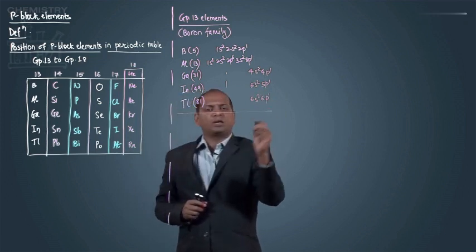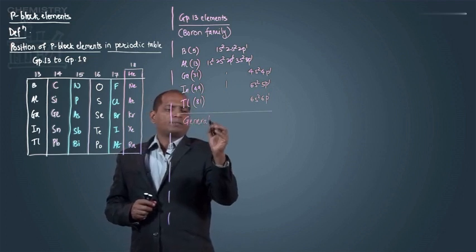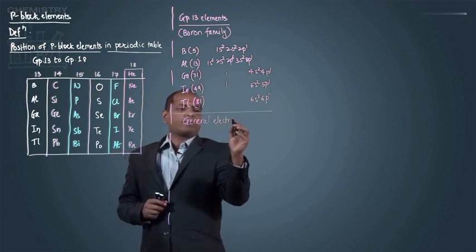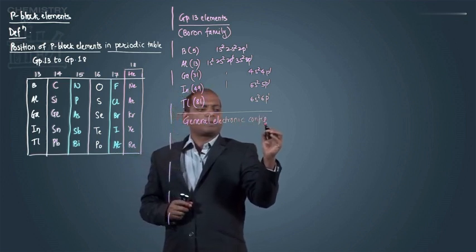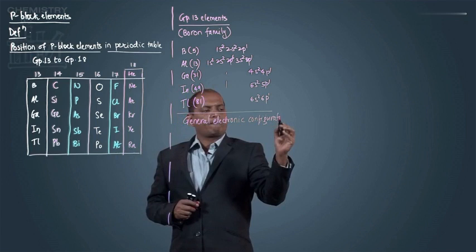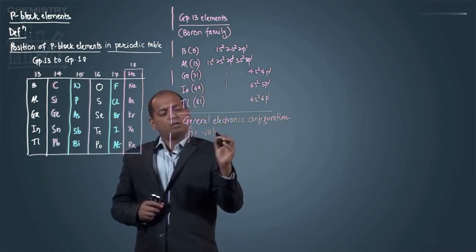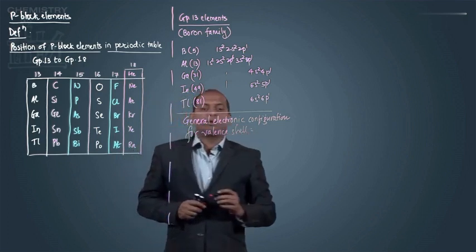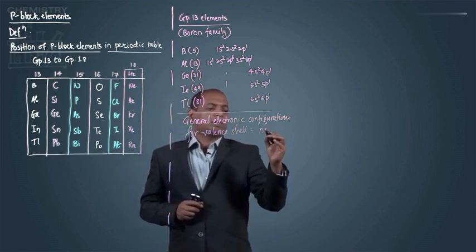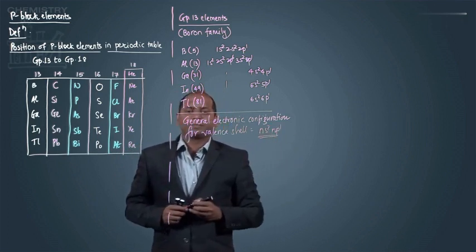So the general electronic configuration for the valence shell of these elements is ns2 np1.